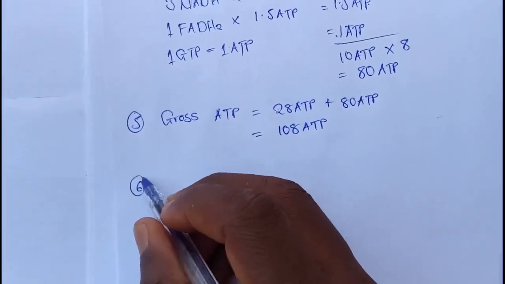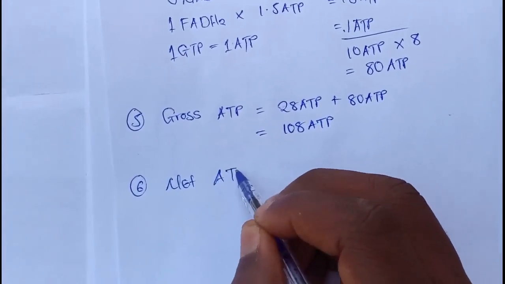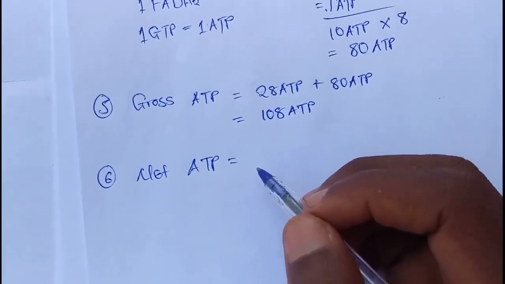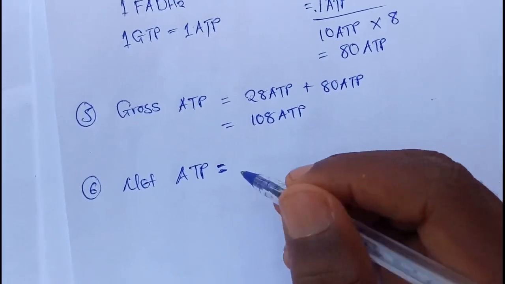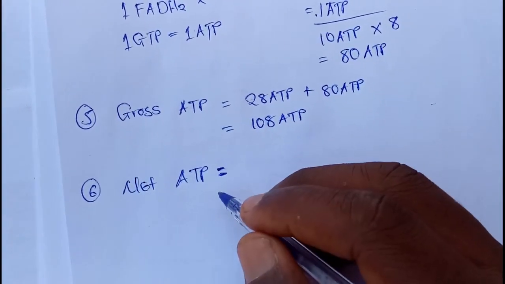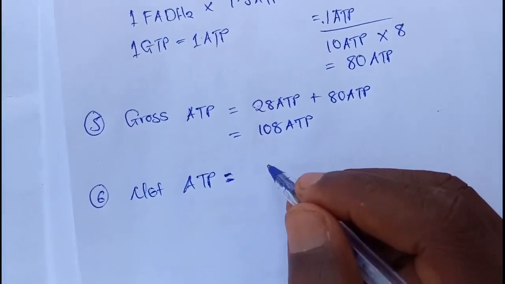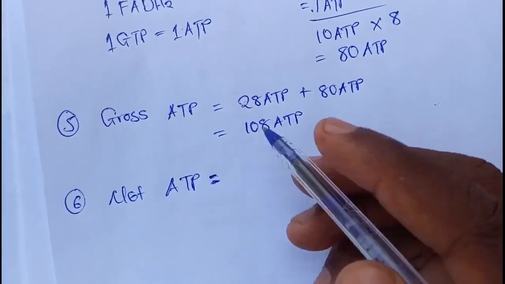So now our last step is simply to calculate the net ATP. So the net ATP, that's where now video 1 comes in. So if you haven't watched video 1, I'm sorry, you need to go back, but don't worry. So in the preparatory stage, when producing acyl CoA, we used 2 high energy molecules. So those 2 high energy molecules, we need to remove them. We need to subtract that.